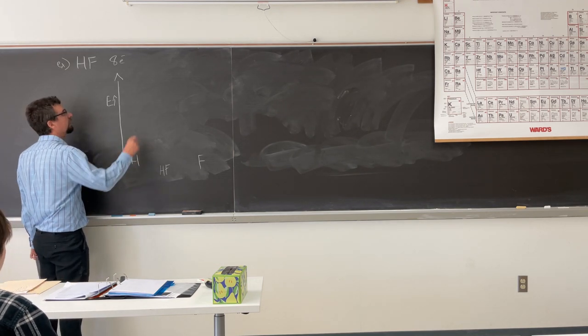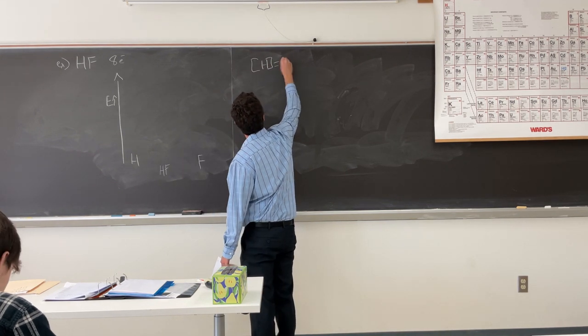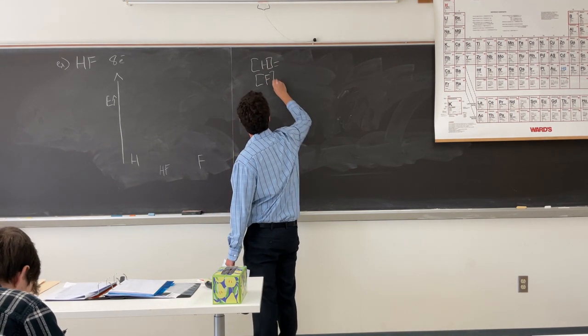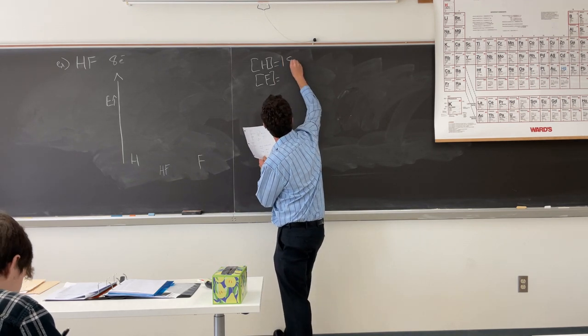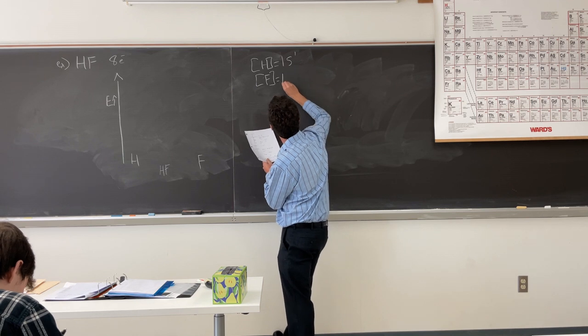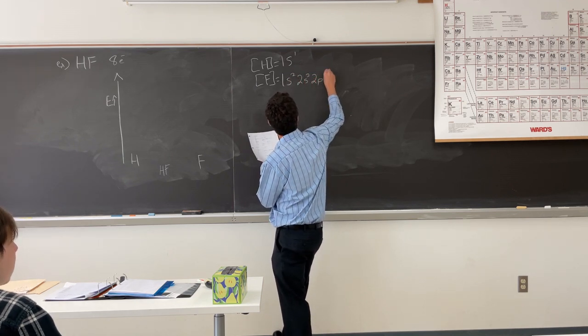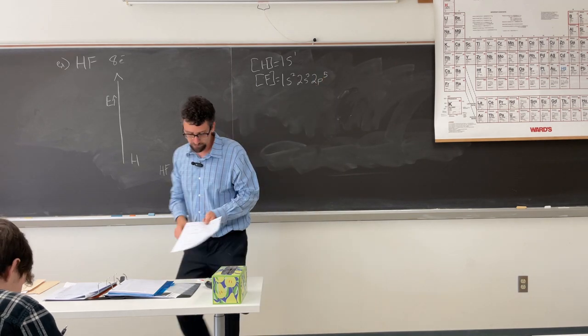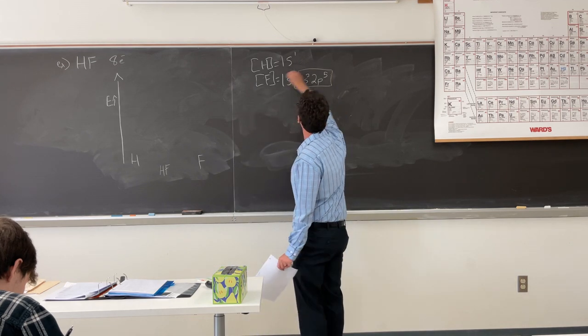Okay. Electron configuration. Hydrogen. Fluorine. What do we got? Okay. We're only going to really care about these valence electrons.